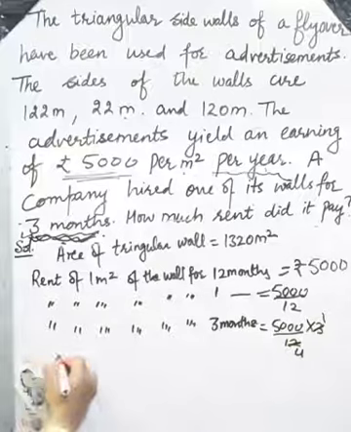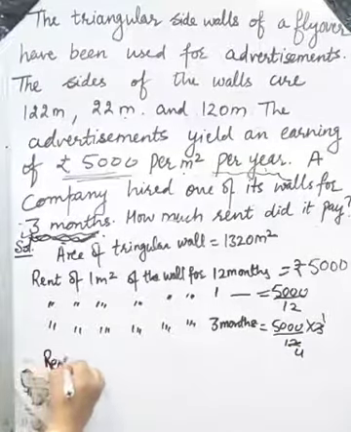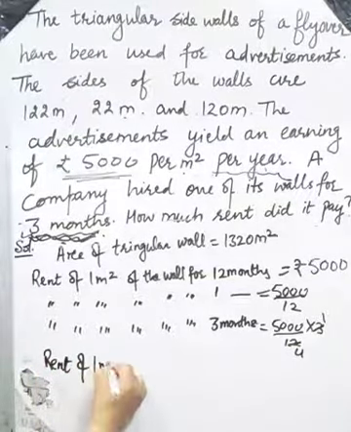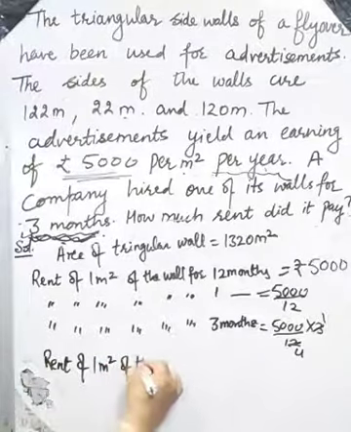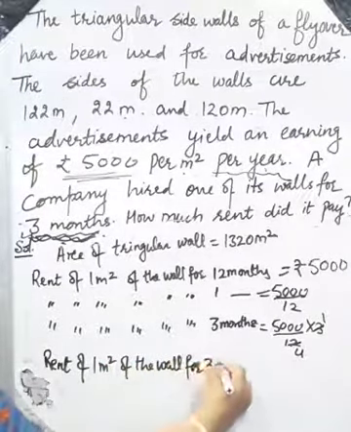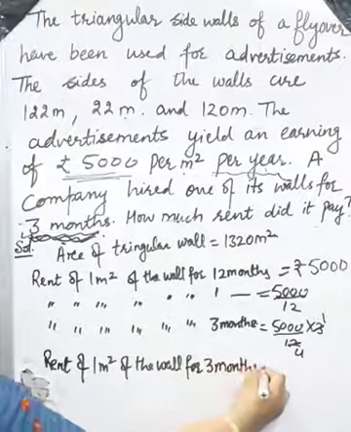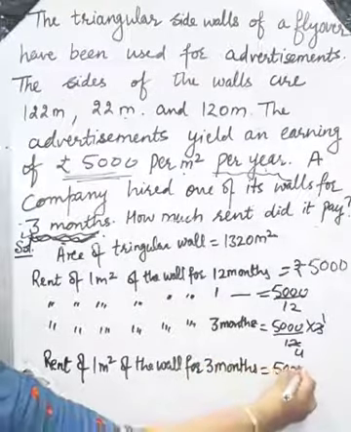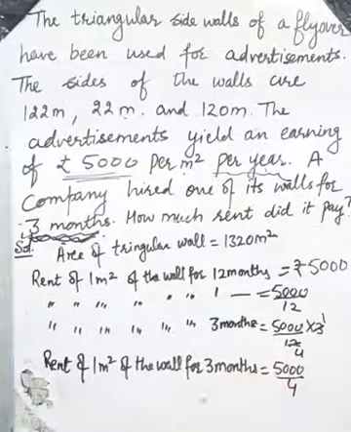In the next line you have to write rent of 1 meter square of the wall for 3 months equal to 5,000 by 4 rupees.